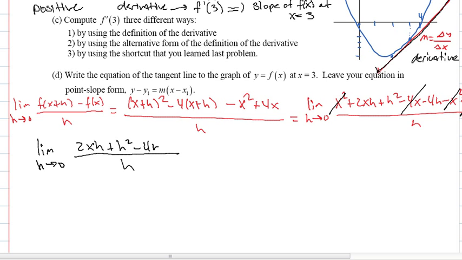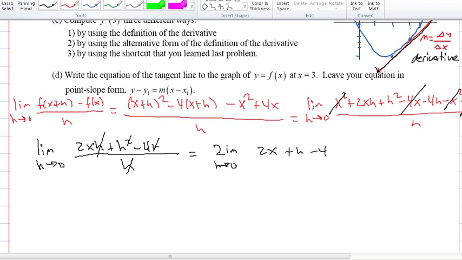We have a common factor of h on top, so I can cancel it with the h at the bottom. It's the limit as h approaches 0 of 2x plus h minus 4, no longer all over h.